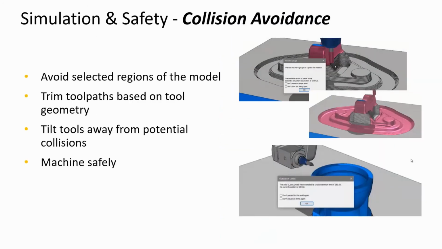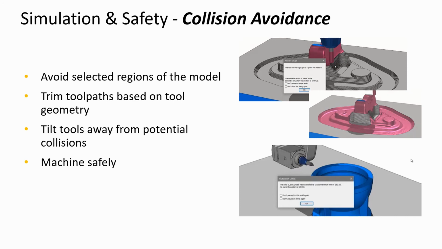Another great thing here too is the collision avoidance. It's really ideal as you get into more complex situations where you want to have some confidence that I'm not going to have a problem. I'm not going to blow up part of the machine, hurt my vises and the investments that you've made into this business.